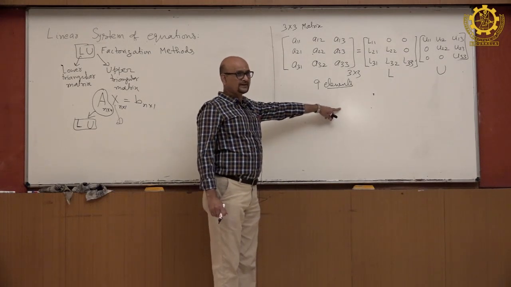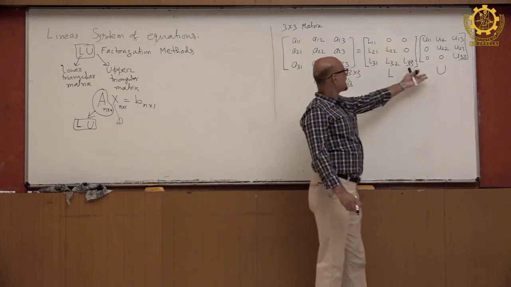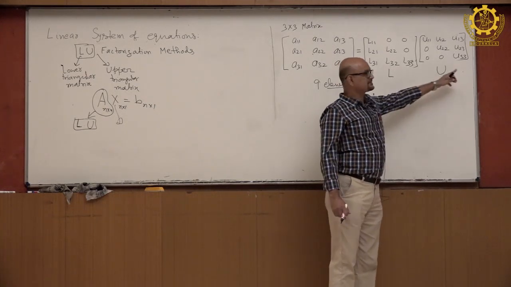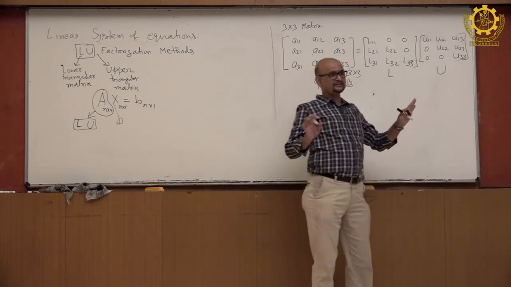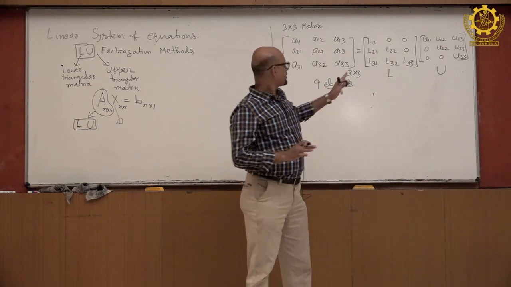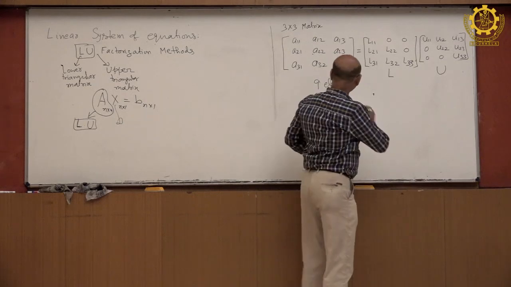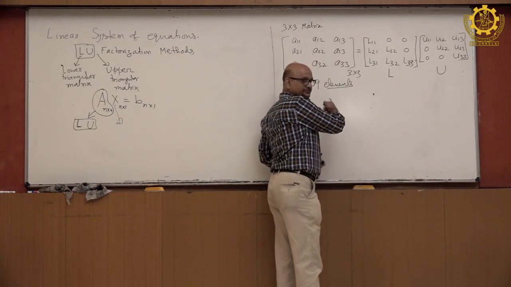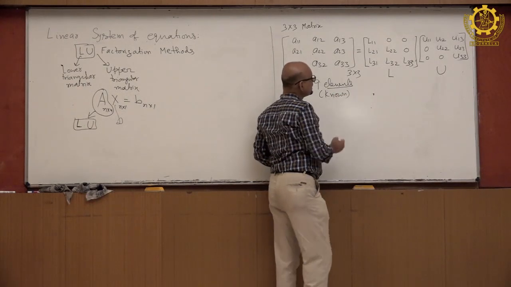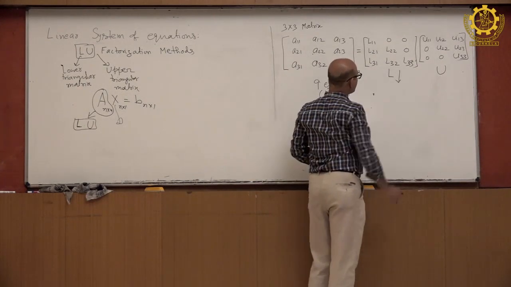Fine. What I can do, I can multiply these two matrices. So this is 3 by 3, this is 3 by 3. You will get a 3 by 3 matrix. Fine. Now if you multiply, now you see this side is 9 elements. Those are known. Now how many elements unknown are here?